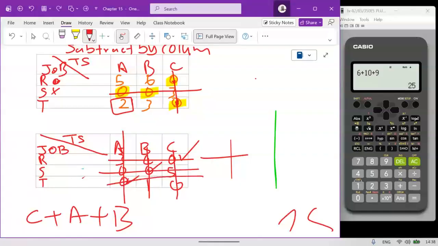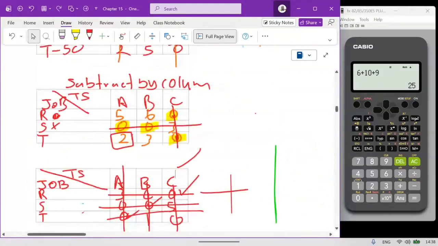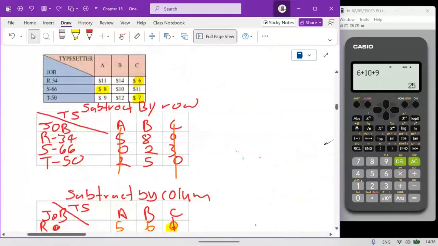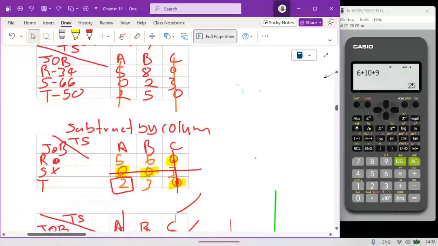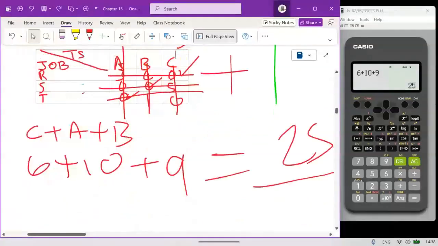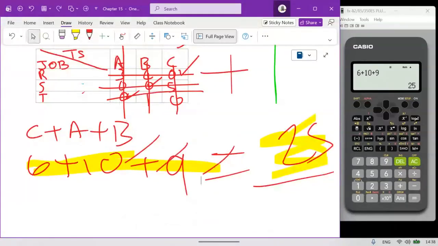Then the assignment, because C was covered first, and then A was covered through S, becomes C, A, B. Then you do this. You take the original values there at the top, which is 6, 10, and 8. And is it 8 or 9? And 9, I mean, and 9. Then it becomes like that. Then I mark.